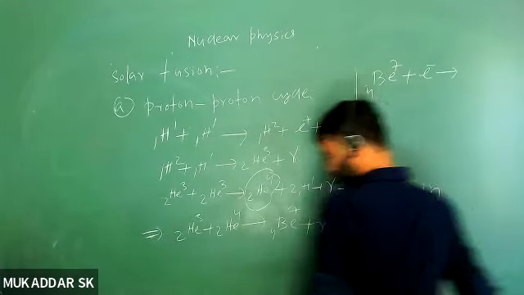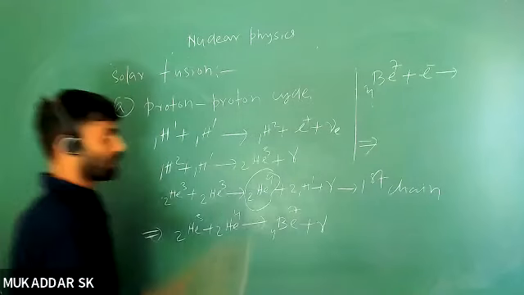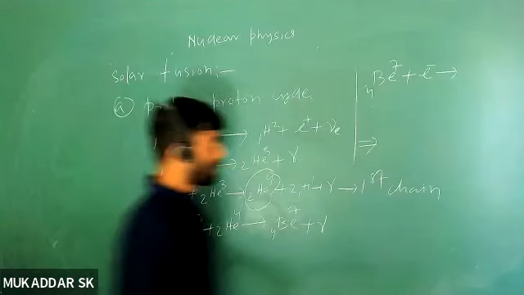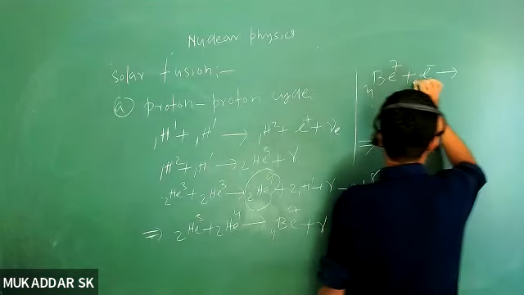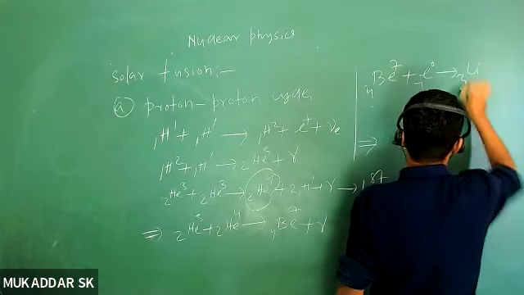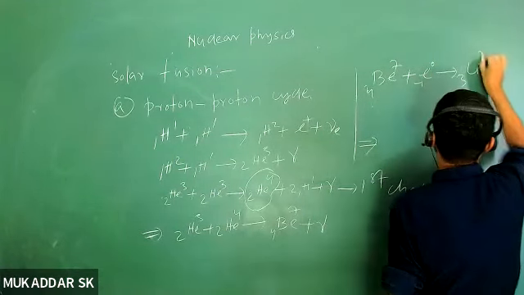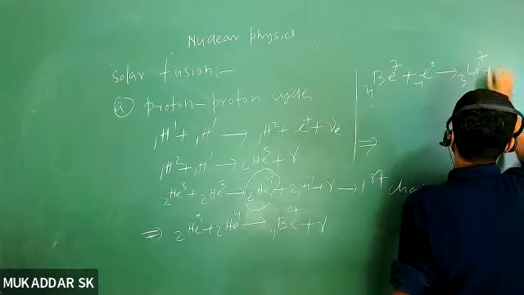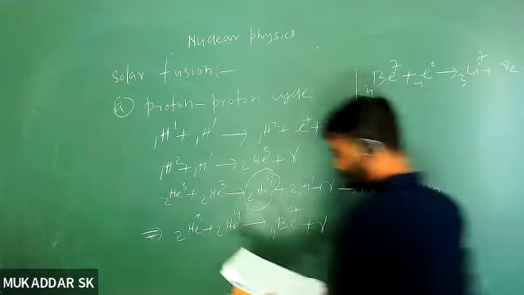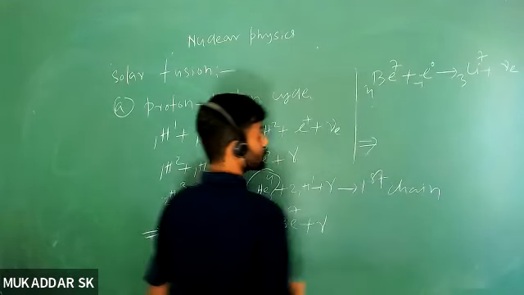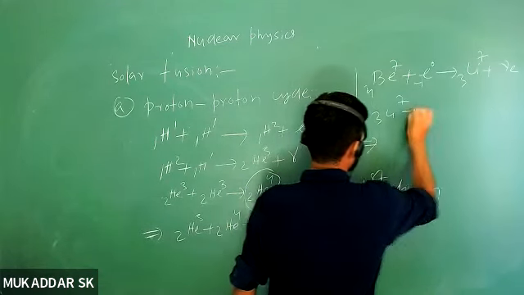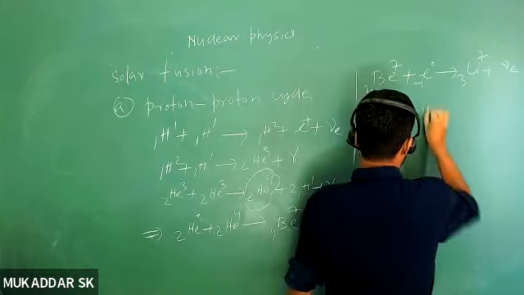Inside the star or sun you have many electrons. So beryllium will absorb one electron, and it will become what? This is like a -1,0, right? So it will be lithium 3,7, right? And then there will be this particle, a neutrino. Is it clear? Now lithium 3,7 will combine with hydrogen.